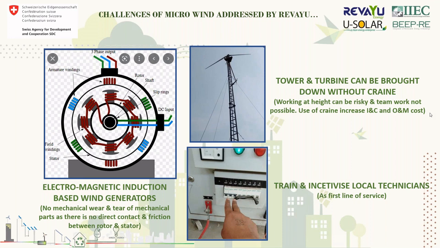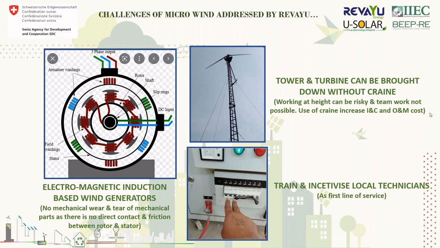A few more challenges of micro wind. As I told, if there is a moving part, there can be mechanical issues. But by incorporating electromagnetic induction-based generators, we have achieved that there is no real friction happening inside.